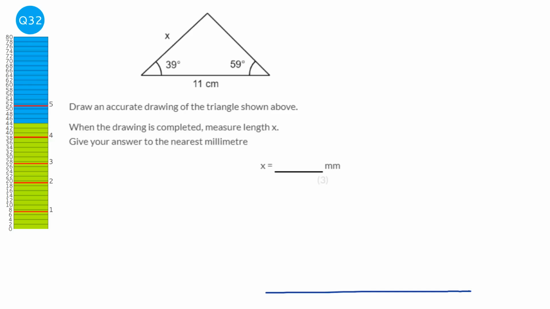And what I'm going to do is I'm going to put my protractor on this end here. So I've kind of got my protractor here. And I'm going to just have a look at getting 39 degrees. Now you've got to be careful because 39 is on the inside, and I'm just going to do a dot.